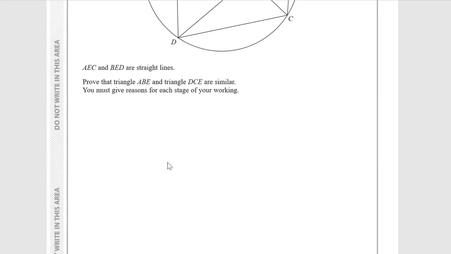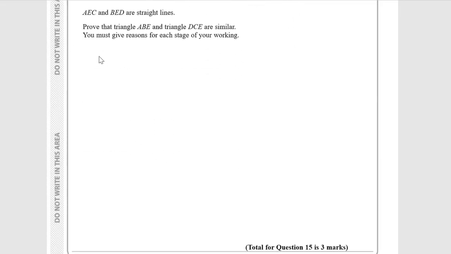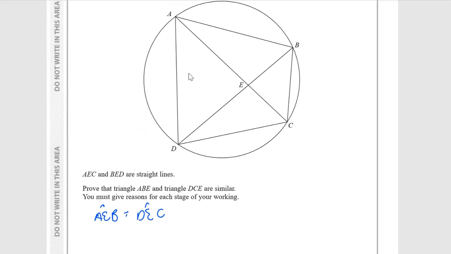Okay, so angle A, E, B is equal to D, E, C, because they're vertically opposite. So you can see that A, E, B, and we've got D, E, C. So they're equal because they're vertically opposite.